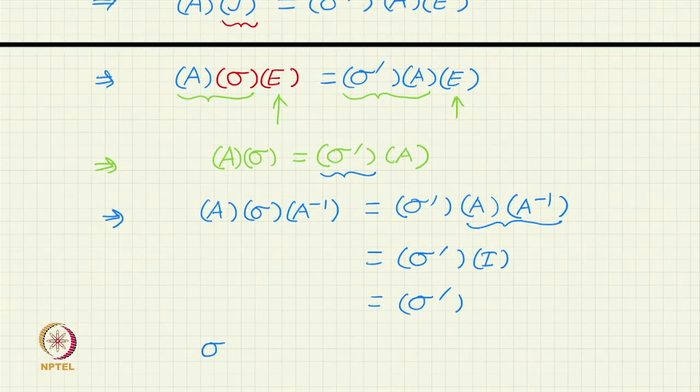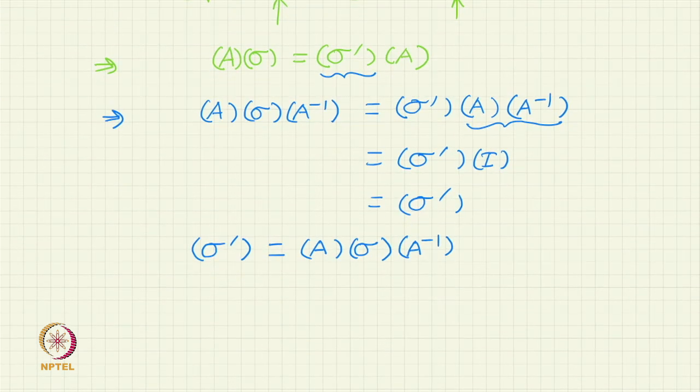So, that means the representation of the tensor sigma in the new coordinate system, that is sigma prime, is equal to A times the representation of the tensor in the old coordinate system times A inverse. For simplicity, we need not write the brackets, and we simply present this as sigma prime is equal to A sigma A inverse.